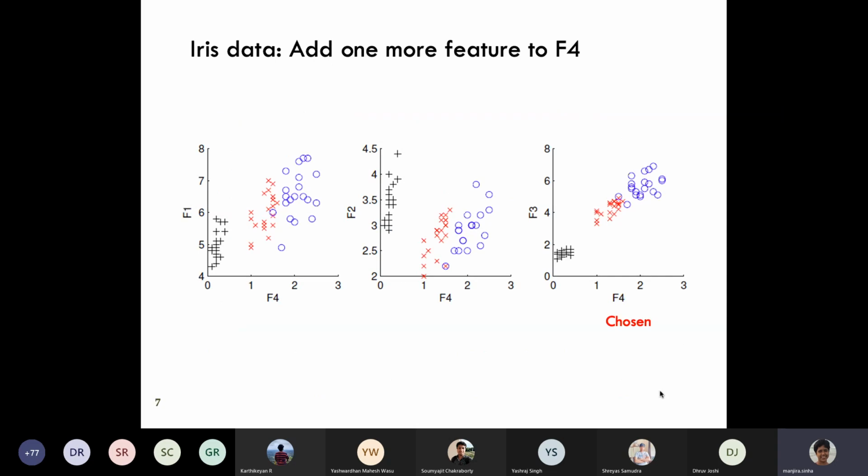It shows that at each step, if we only have F1 and F4, F2 and F4, or F3 and F4, how the data plot looks. We see that with F3 and F4, the data are segregated well. So that's why F4 is chosen as part of the subset of features.